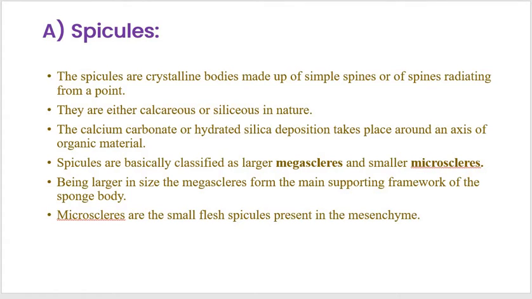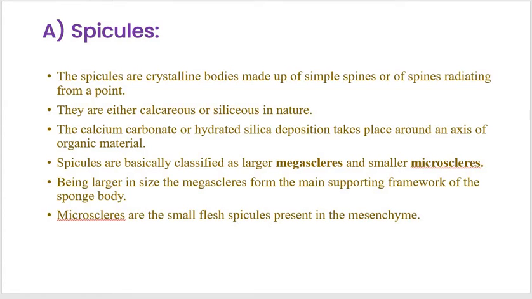Now the deposition of calcium carbonate or hydrated silica takes place around an axis of organic material. Spicules are basically classified as larger megascleres or smaller microscleres, according to their size.